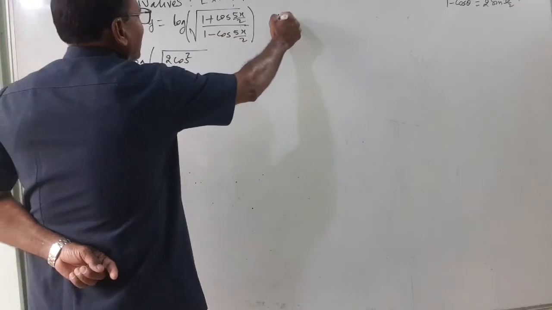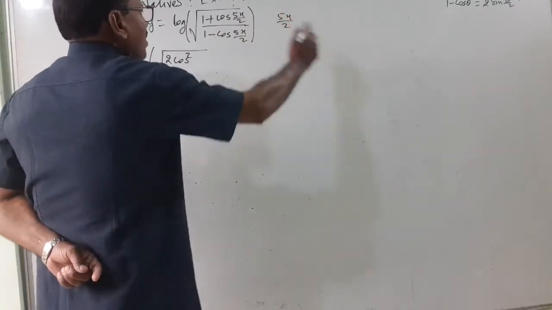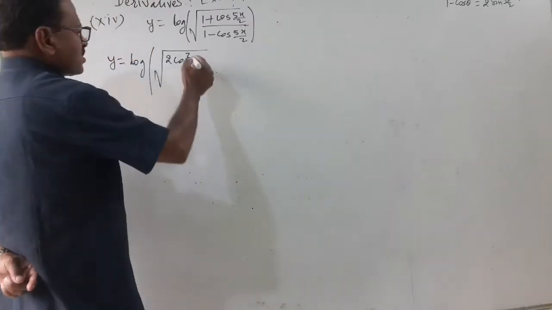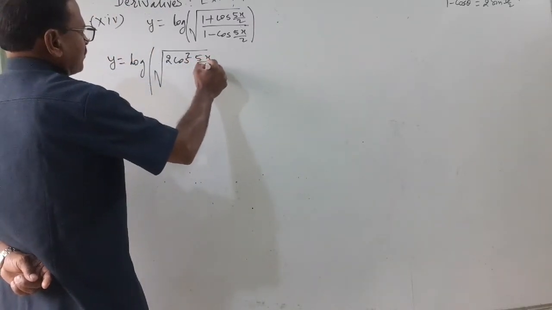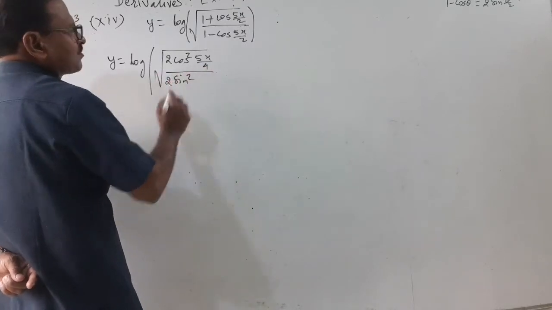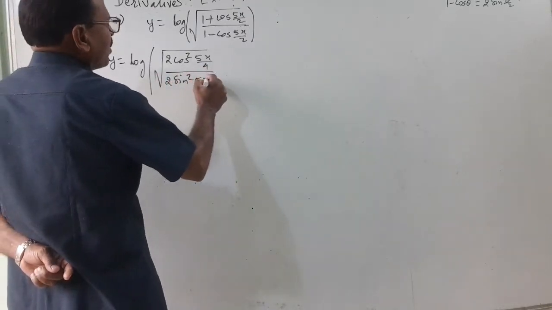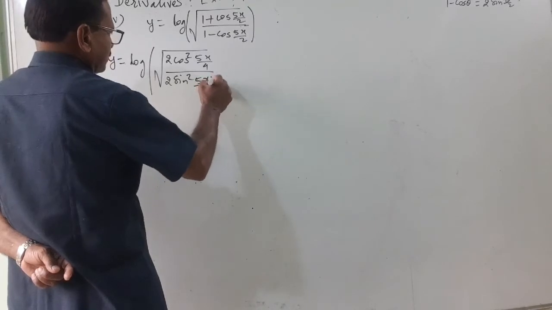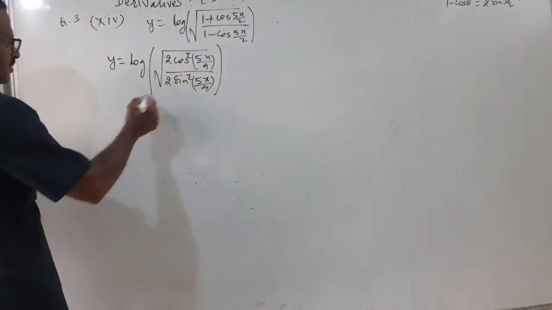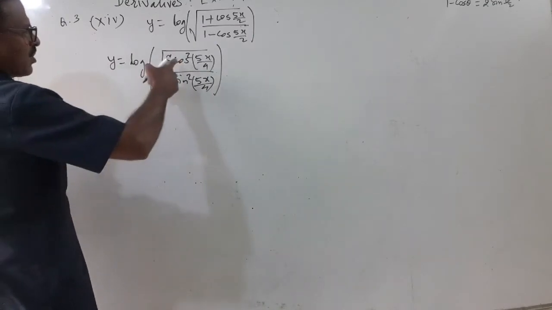under root 1 plus cos theta, 2 cos square theta by 2. This is 5x upon 2, and for that again upon 2 means 5x by 4. Cos square 5x by 4, upon 2 sin square 5x by 4. These two cancel.